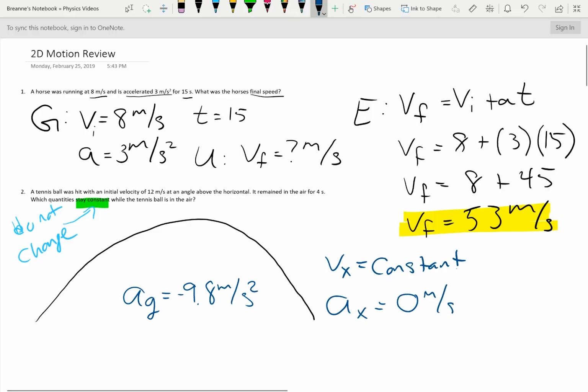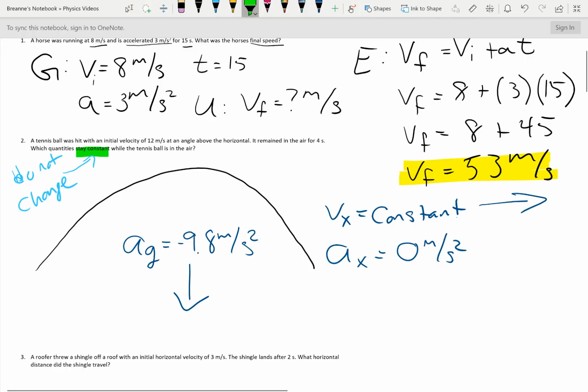Hopefully you said it's 0. Is your velocity in the y constant? No, it is not. So these are your 3 main things that stay constant: acceleration due to gravity, which is in the y direction, your velocity in the x direction, and then your acceleration in the x direction.